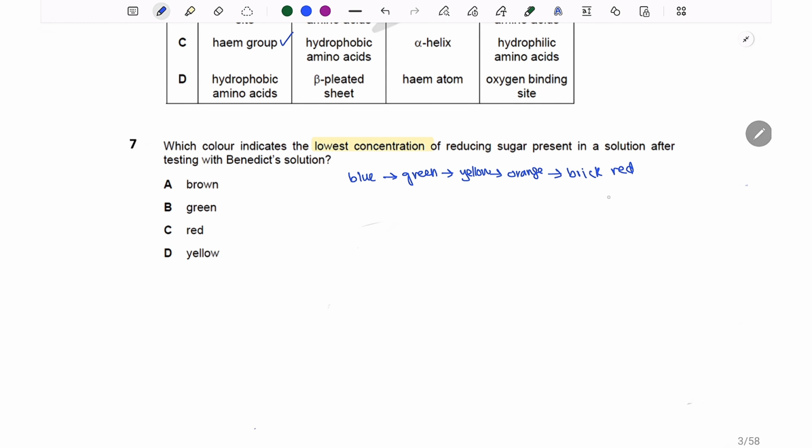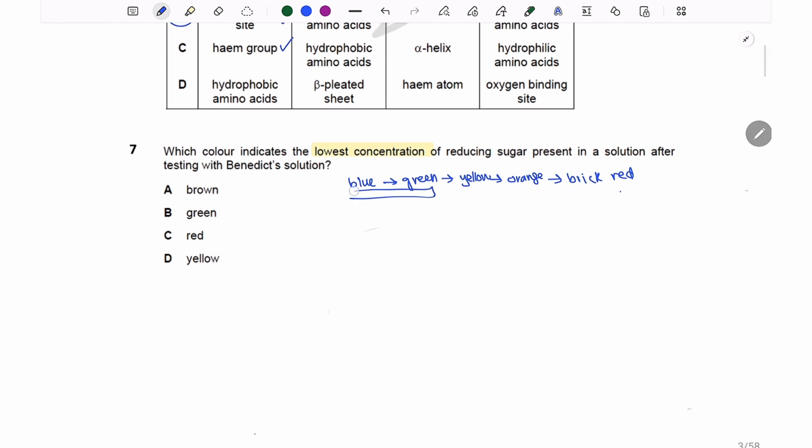So it's easier to remember it like the rainbow colors, red, orange, yellow, green, blue. So coming backwards, the lowest concentration is here from blue to green, so it's B.